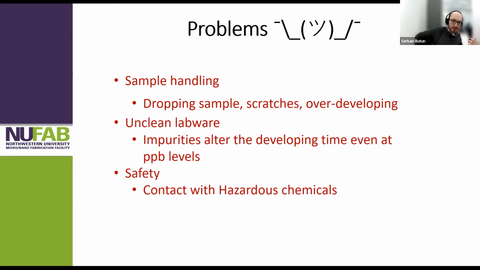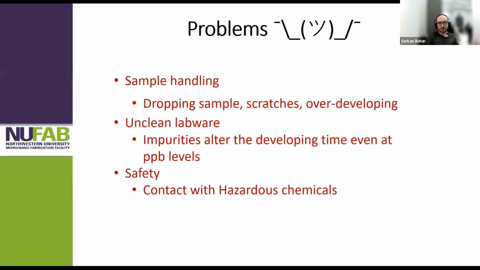And again, there are safety concerns, like you're dealing with chemicals here, especially TMAH, which is really toxic, and that's why we generally advise users to just use AZ400K, which is a less hazardous alternative that you can use unless you're making silicon semiconductor devices.